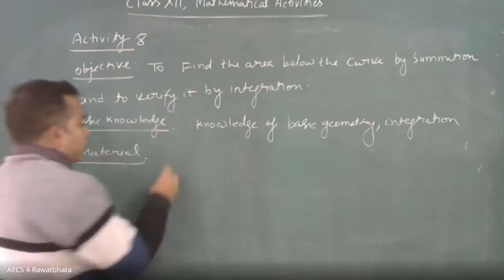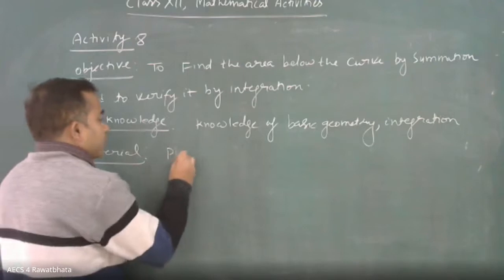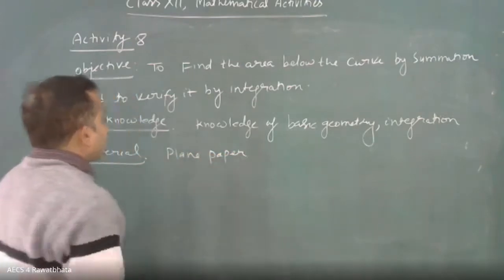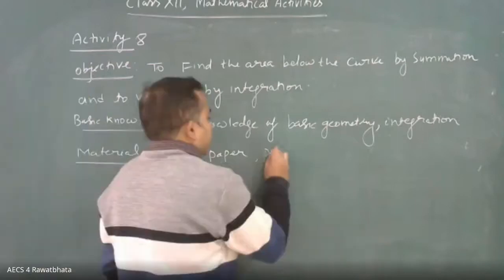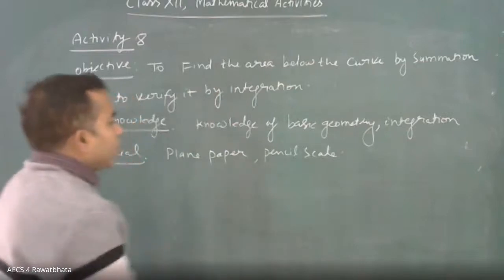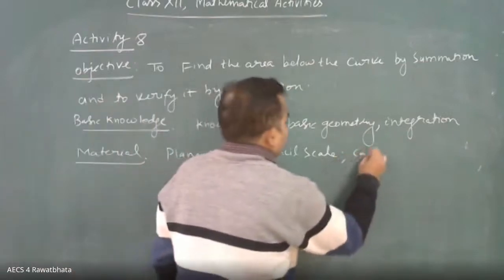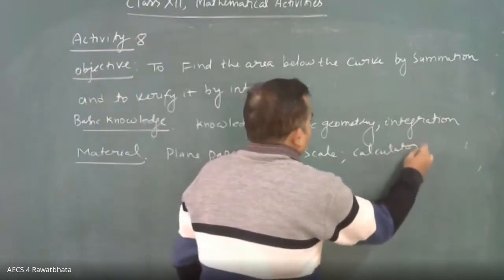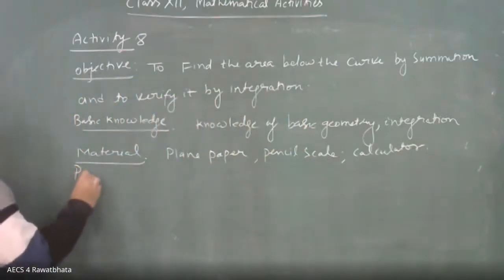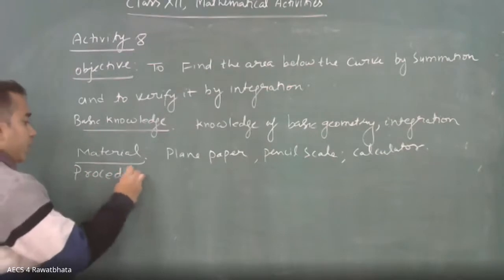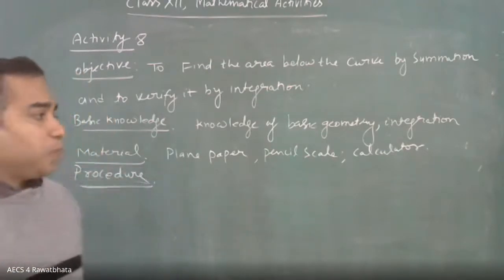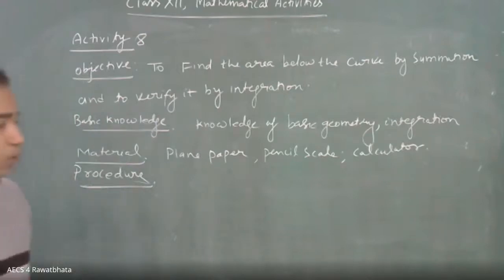We don't need special things. We need only plain paper, which will be available on the left side of the record book. You need pencil, scale, etc. And calculator, if you find, you can use, otherwise calculation should not be too heavy. Here you can do yourself also. Procedure. Now you listen, and whatever we are discussing, same thing you can write point wise. And then you can write observation.